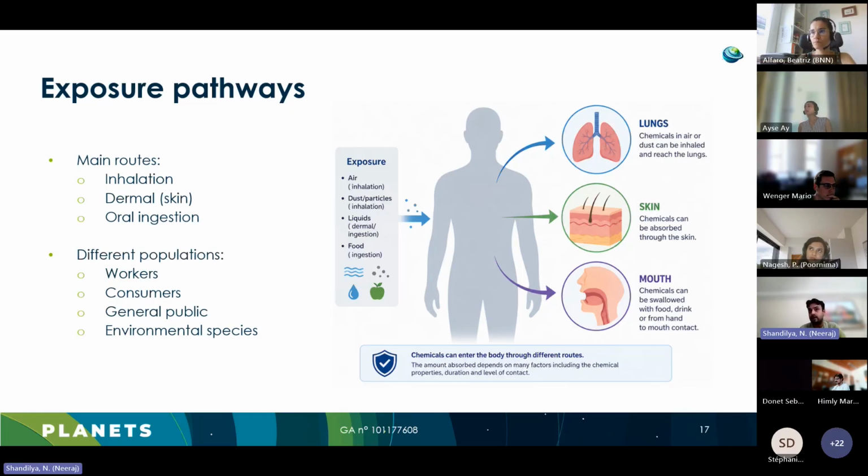Environmental species, so environmental exposure, is also quite important, and Purnima will talk about it later. Depending on the chemical, there is a certain degree of permeability of the chemical inside the body. They could deposit into the lungs, skin, or mouth, depending on the exposure route.